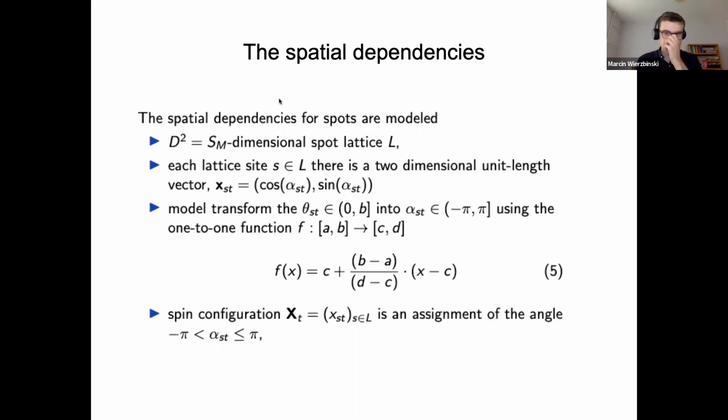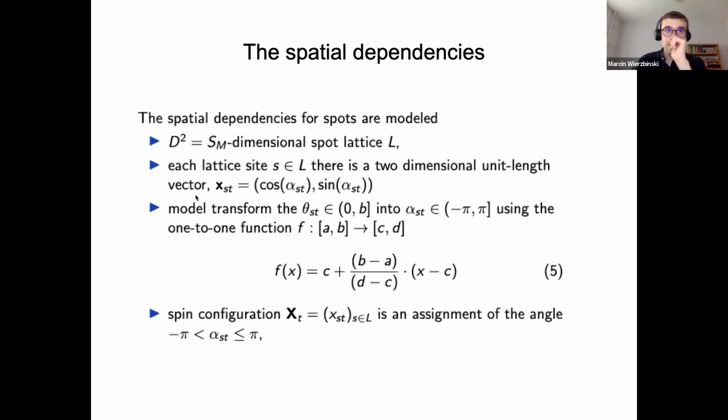For instance, when we have two perpendicular vectors, we want to modify them to find vectors with a lower angle between them. So that's everything: we have a two-dimensional unit length vector for each spot or lattice site.